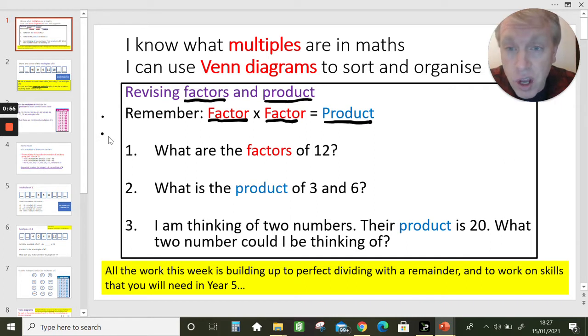And there are 3 questions. What are the factors of 12? What is the product of 3 and 6? And then I am thinking of 2 numbers. Their product is 20. What 2 numbers could I be thinking of? Have a go. Pause the video, please.